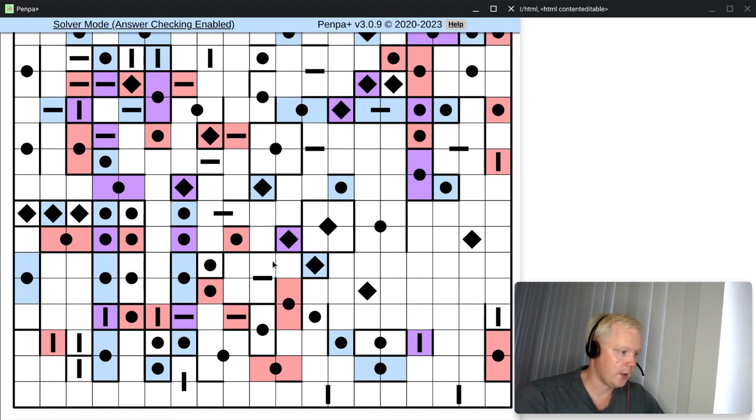Let's see if there are any other cases where there's only one possibility. For example, in the corner here, this corner cell must be part of the room with this symbol, because there's a wall here, so it can't go there, it can only come here.